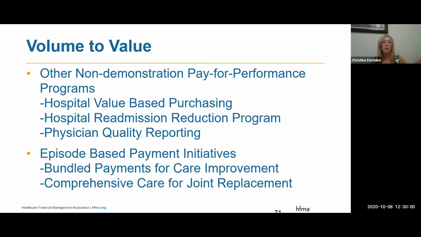And then PQR provided a financial incentive to physicians for reporting quality data to CMS. Those incentives were eventually eliminated, and they actually moved to reducing payments for physicians that did not satisfactorily report quality data. And there are two examples of some episode-based payment initiatives, such as bundling for things like joint replacement.